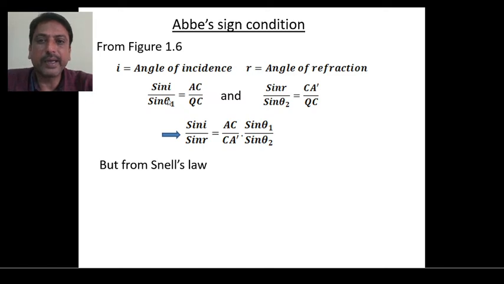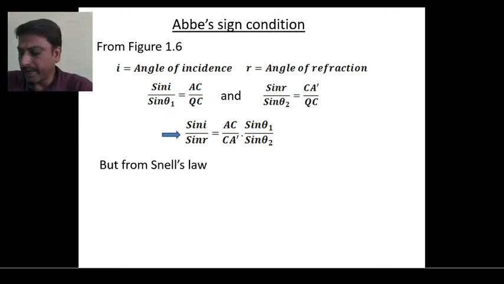If I take the ratio (sin I / sin θ1) divided by (sin R / sin θ2), I get this equation: sin I divided by sin R is equal to AC divided by CA' into sin θ1 divided by sin θ2, right?